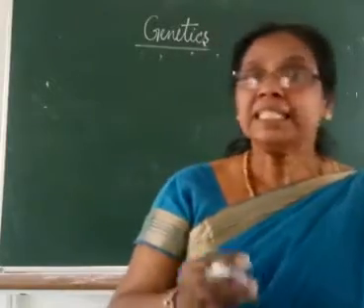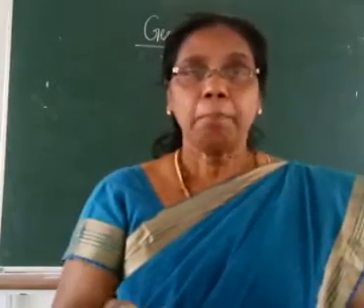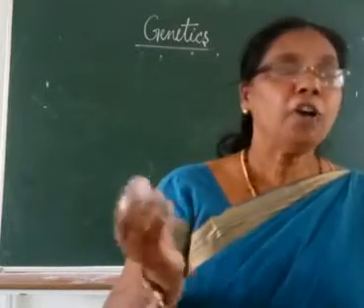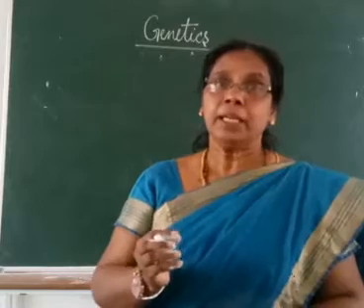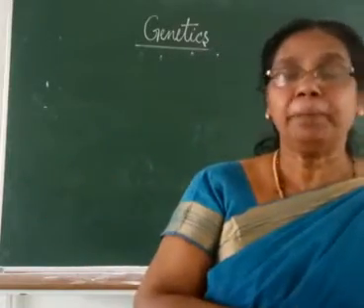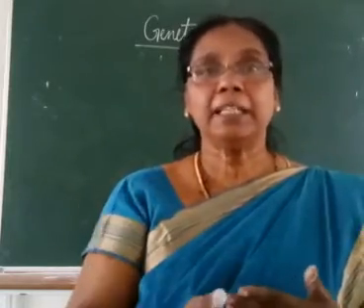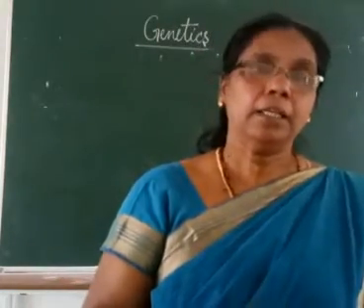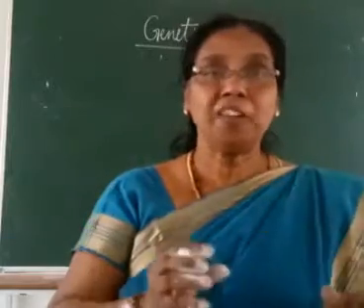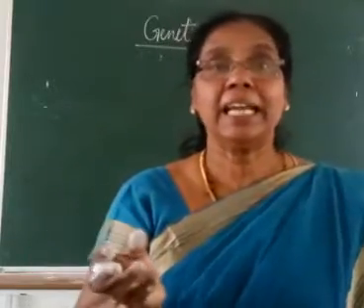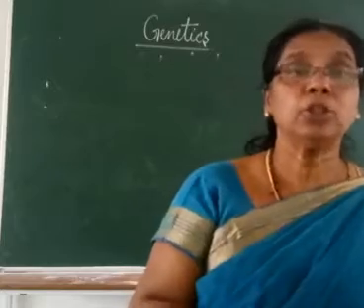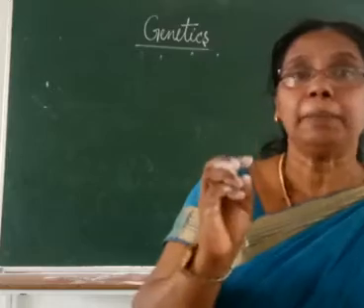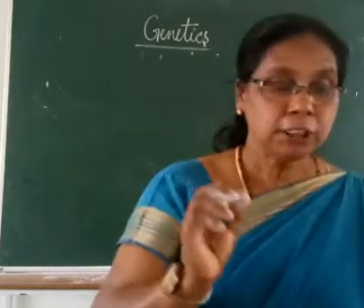Usually in pea plant self-pollination takes place, but we can do artificial pollination also. How can we do artificial pollination? Yes, either by cutting the female bunch or by cutting the male bunch and then covering it within a polythene bag. So we can prevent self-pollination. Easily we can carry out cross-pollination. So these are the reasons why Mendel selected this garden pea plant for his experiments.